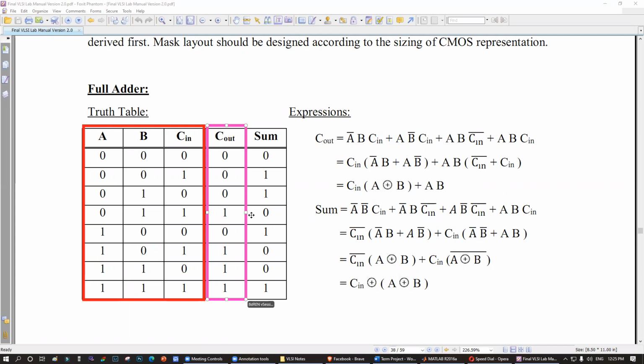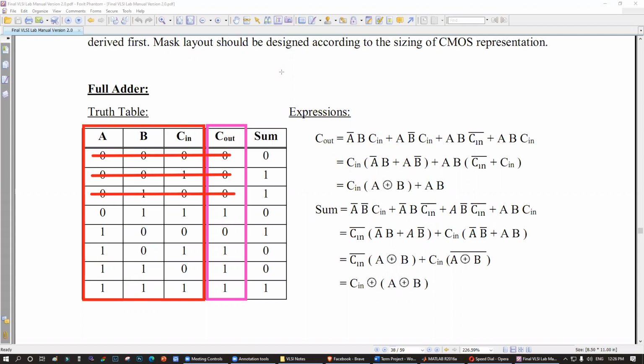So at first, see C out. How many combinations do you have? You have 8: 0 0 0, 0 0 1, 0 1 0, 0 1 1, and so on. But we are not taking all of those. We are not taking these lines, because the outputs are 0.